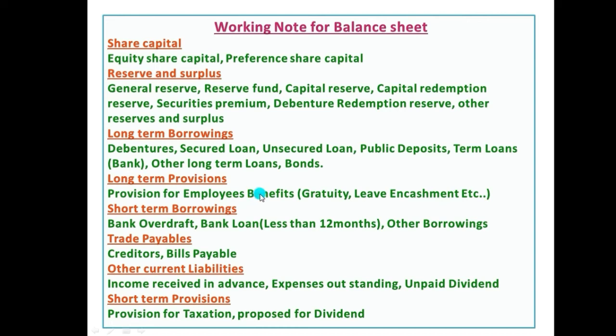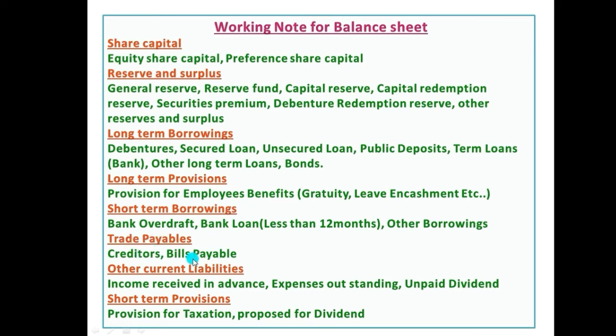Then we should make a total, and that total we should record under long-term provisions. Next is short-term borrowings: bank overdraft, bank loan for less than 12 months, other borrowings borrowed by the company for less than 12 months, we need to record under this short-term borrowings, and the total amount we should record under short-term borrowings in the balance sheet.